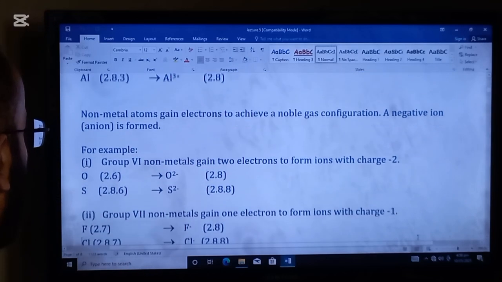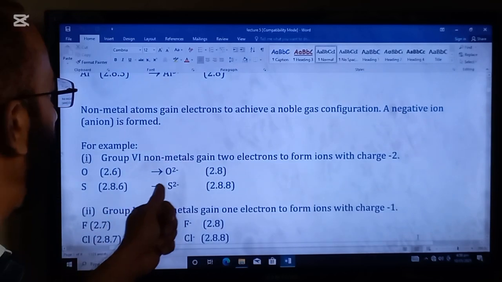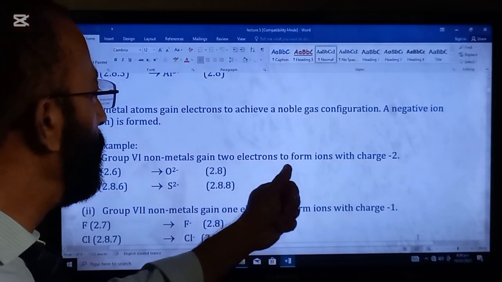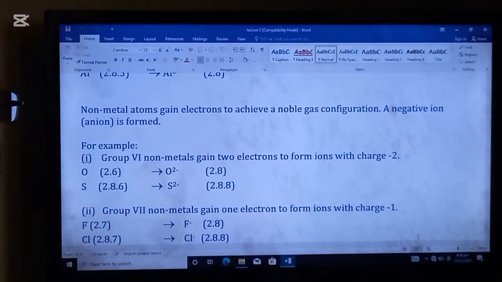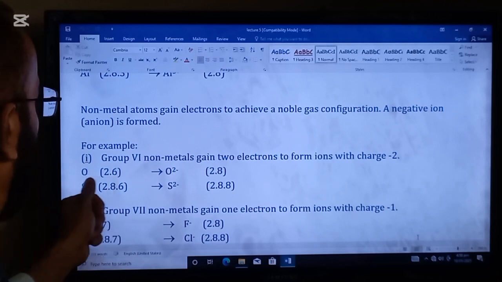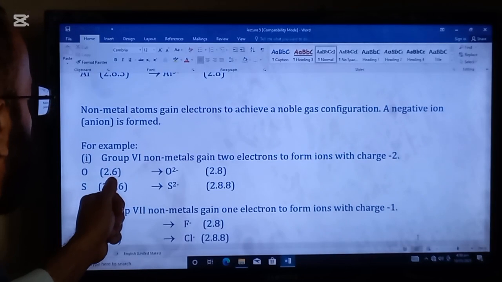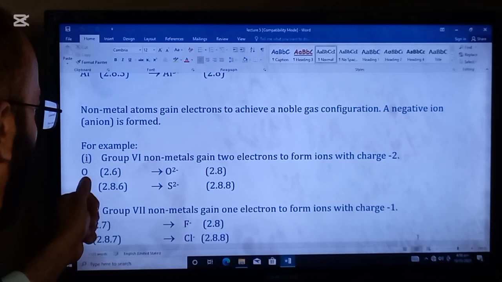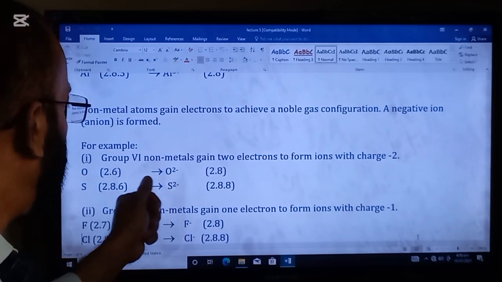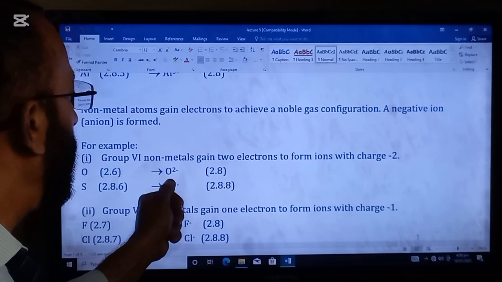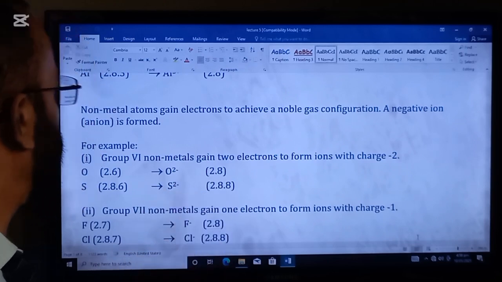For example, group 6 non-metals gain 2 electrons to form ions with charge -2. Oxygen has electron configuration 2,6. Now oxygen will gain 2 electrons to get charge of 2-, and now this will have electron configuration of 2,8.